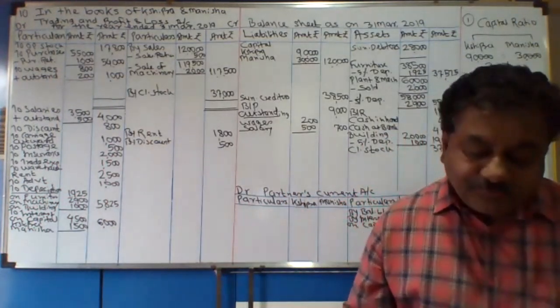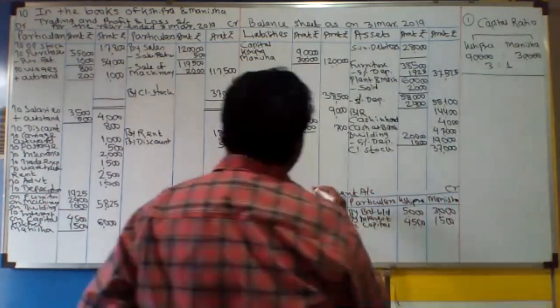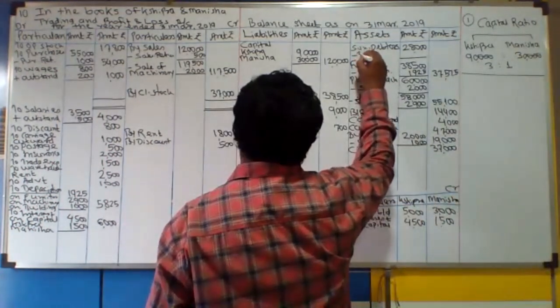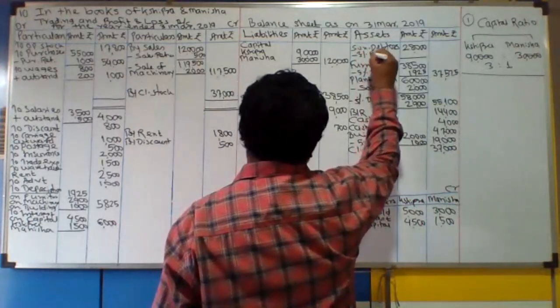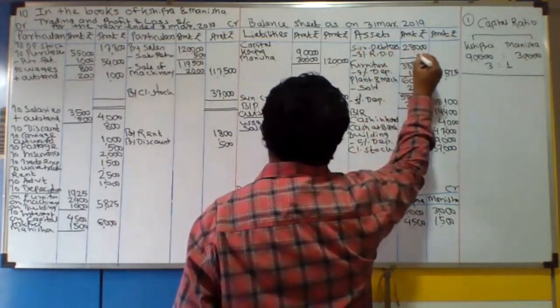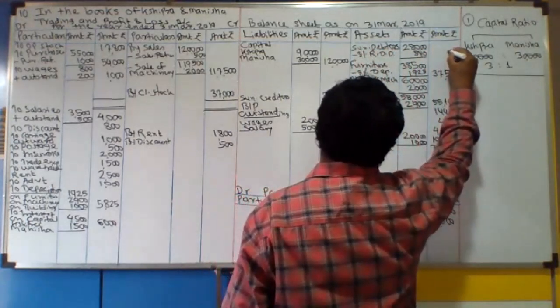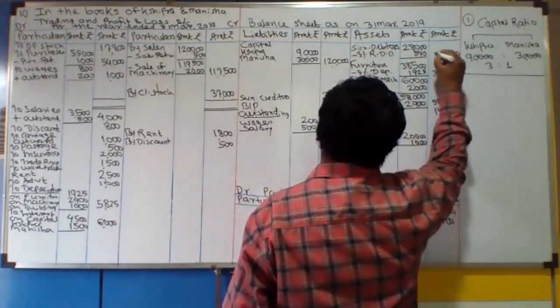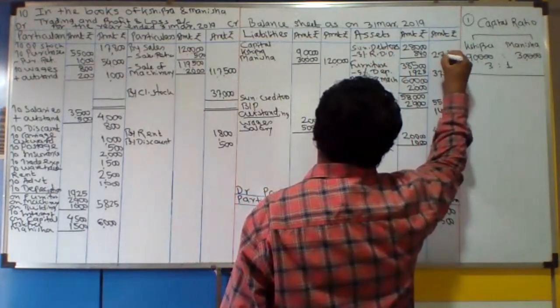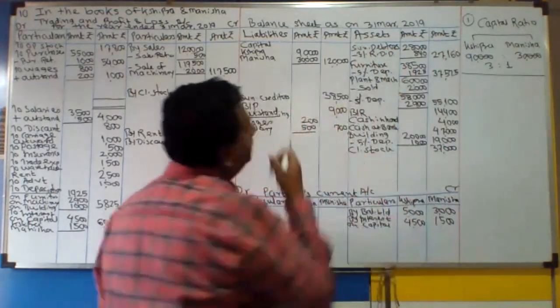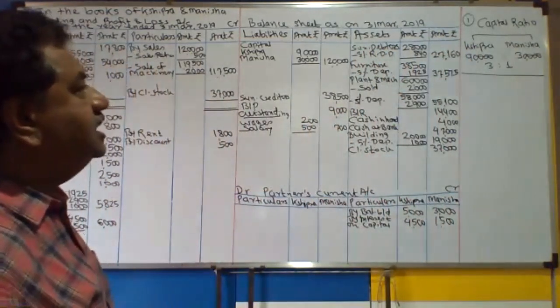Create provision for doubtful debts 3% on debtors. So it is a 3% RDD, 840. I am directly calculating the same. 840 rupees is the amount of RDD. 3% निकाला मैंने. 28 3s are 84.